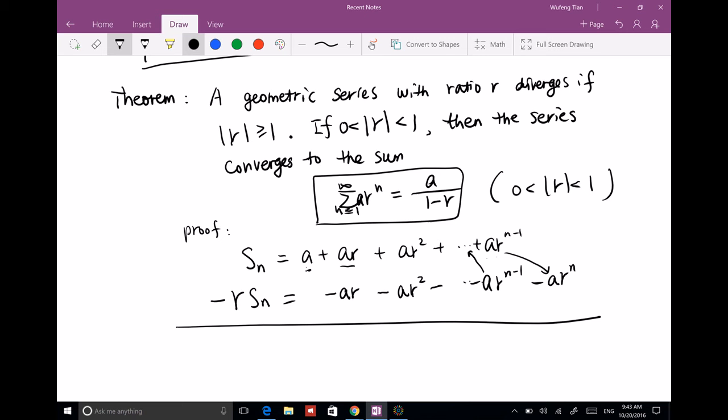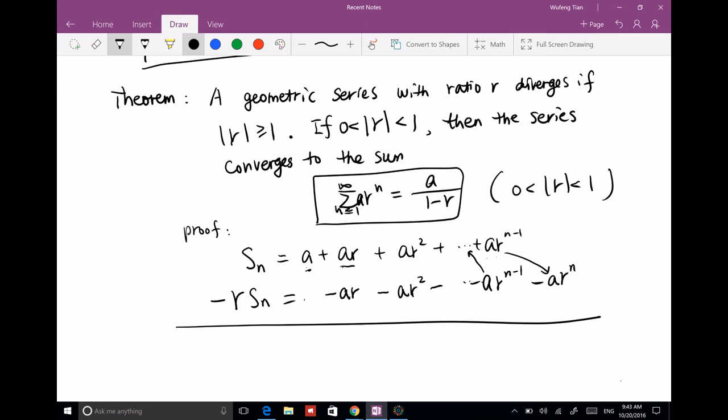Cancel out all the terms. Yeah, cancel. How do I cancel it? By adding them together, right? At the top, add one by one. Add all of them together. So you add positive, negative, positive, negative. How do you cancel? You have to add them together, then you cancel it.